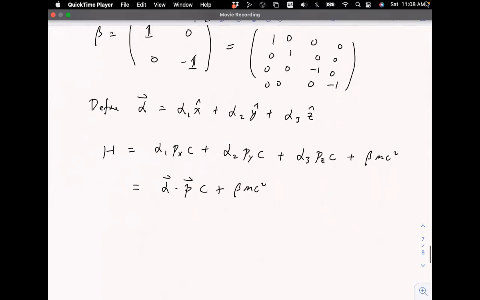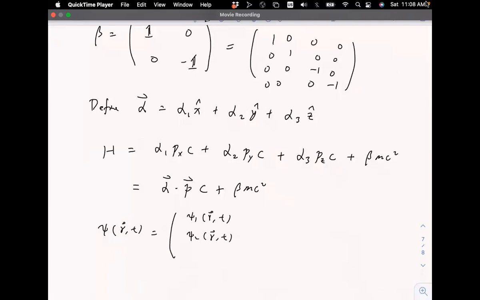So the wave function, you can write it in this way.